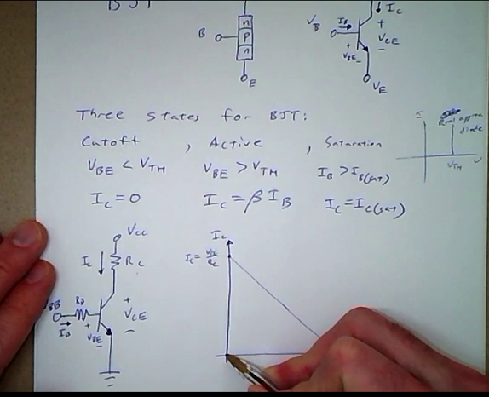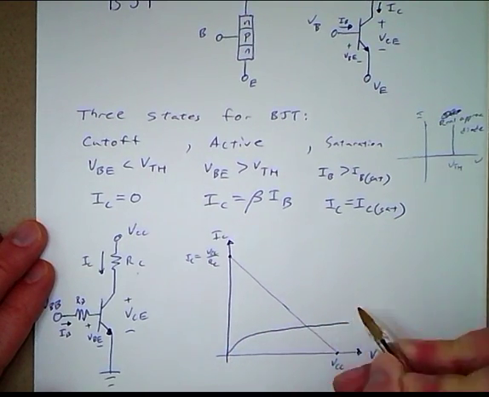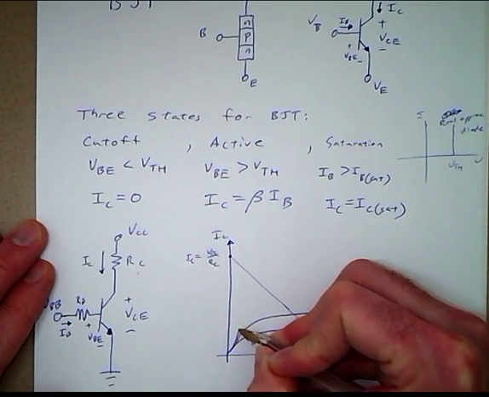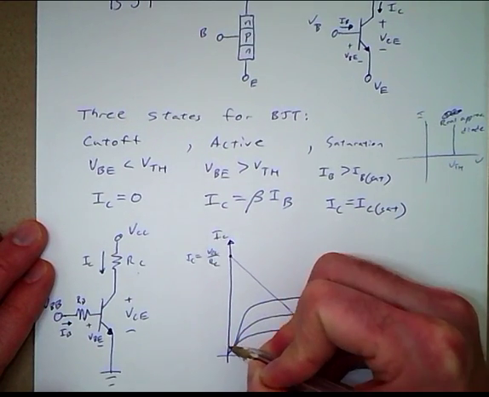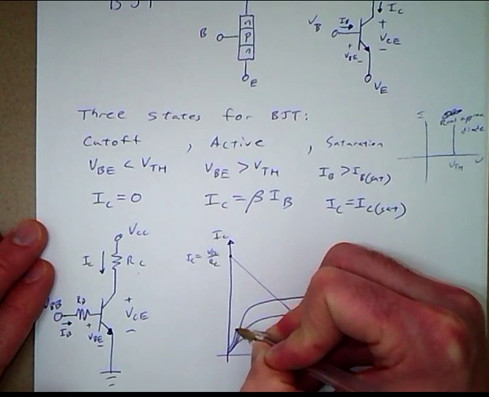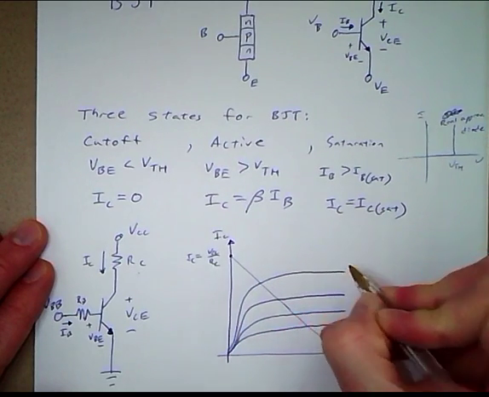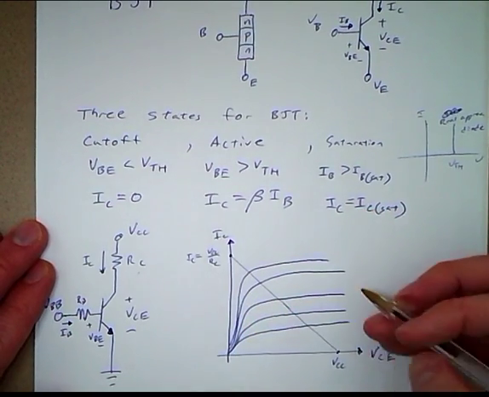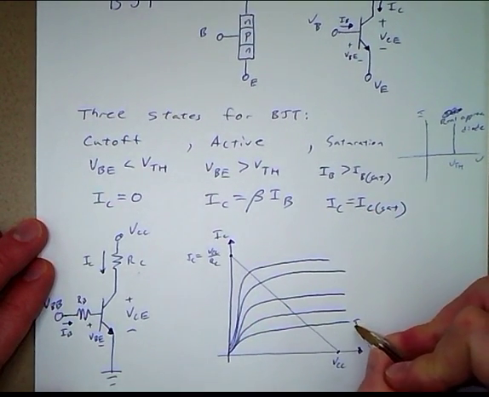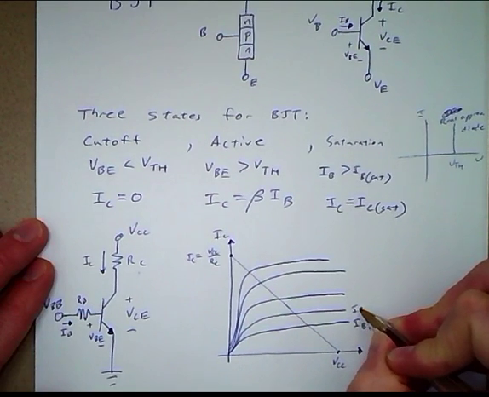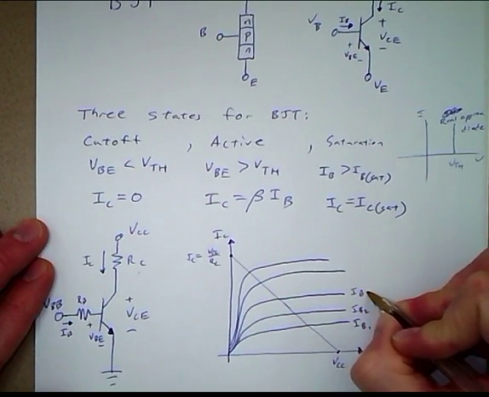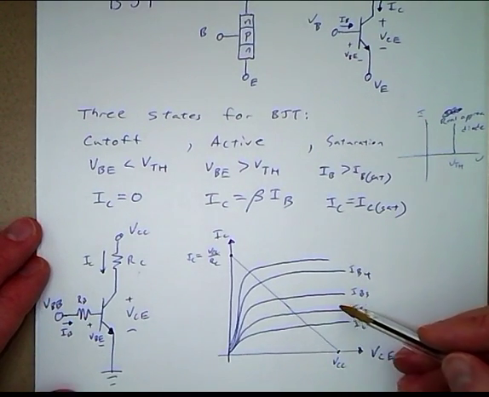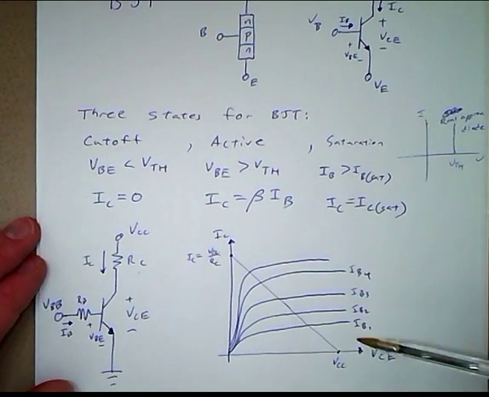So it looks kind of like this, and these would be all different values for IB. So with increasing IB, the collector current increases.